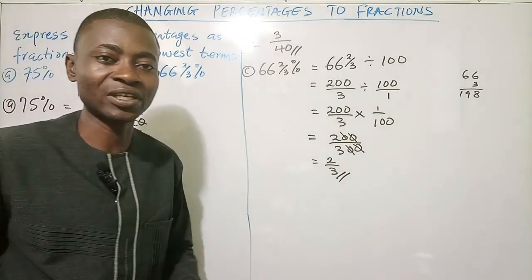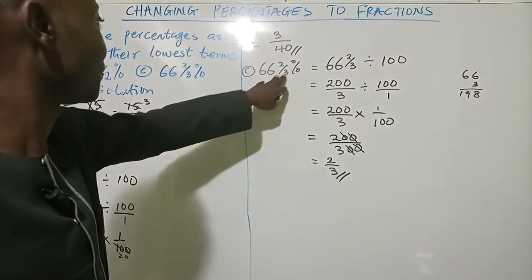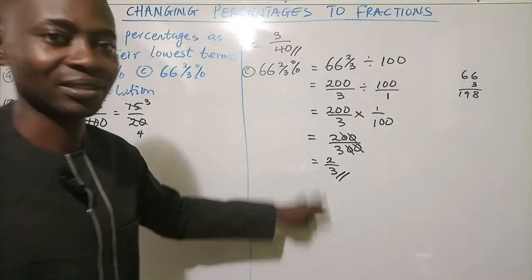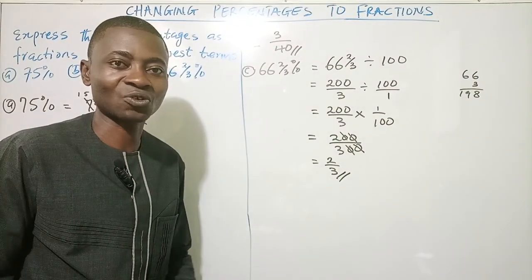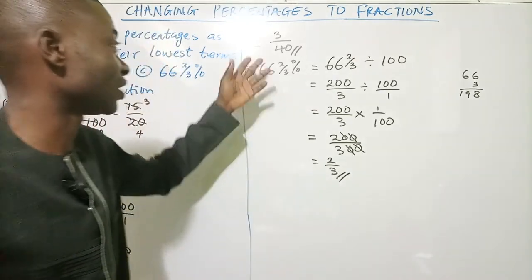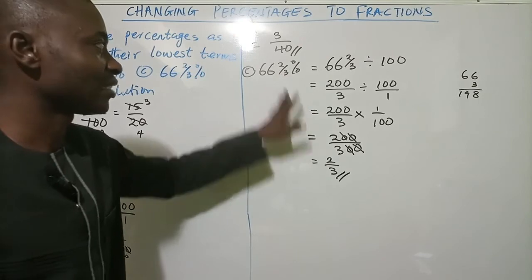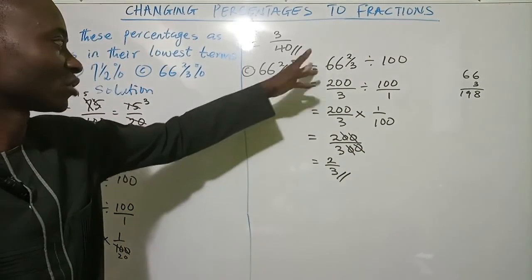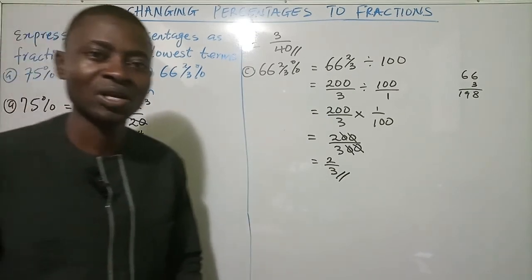We have successfully changed this percentage to a fraction in its lowest term. It's not difficult at all, it's very simple. So if you are taking any exam and you are asked to change a percentage to a fraction in its lowest term, this is exactly what is expected of us. Just express it like this and then you get your answer.